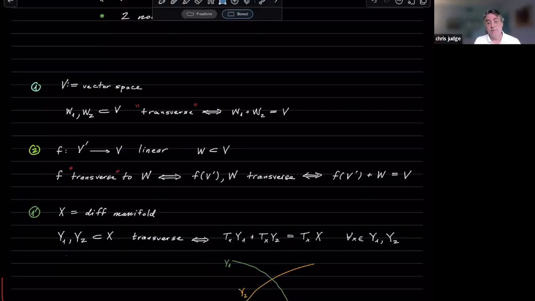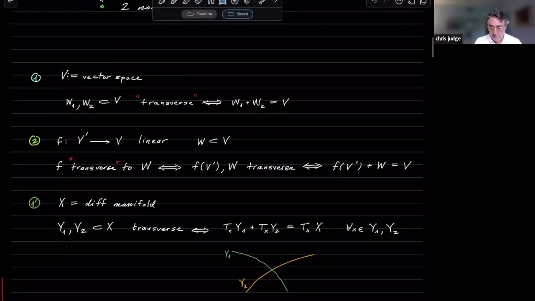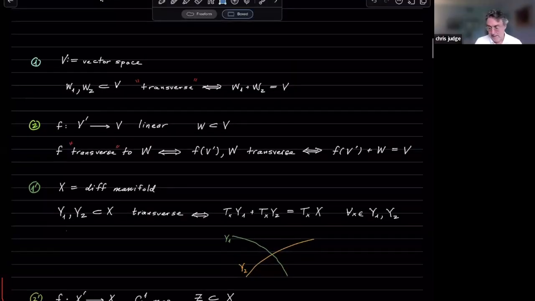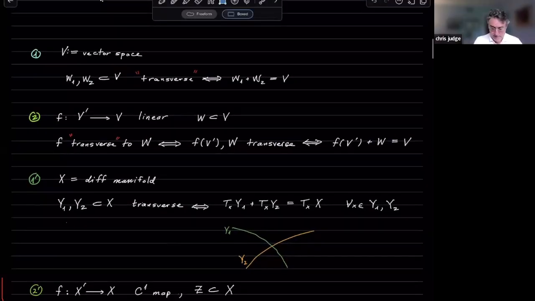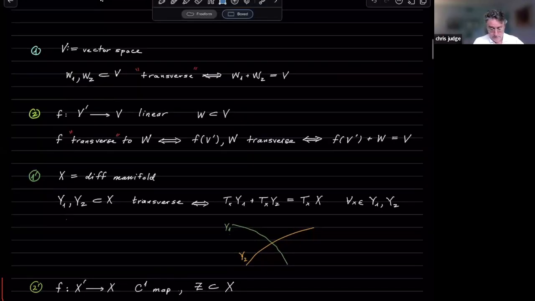And we say those two submanifolds are transverse if, at a point of intersection, the tangent space of Y1 at that point and the tangent space of Y2 at that point make up the entire tangent space of X. So here I have two curves, and together their tangent spaces span R2.